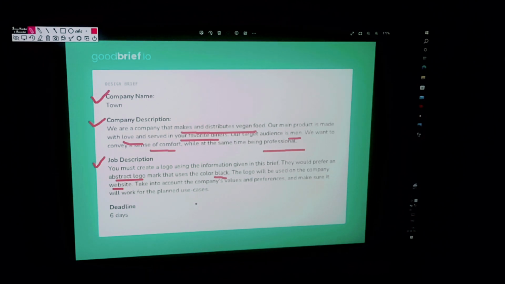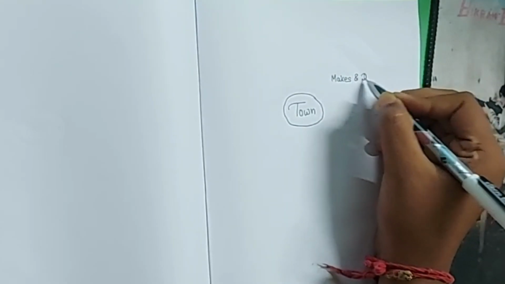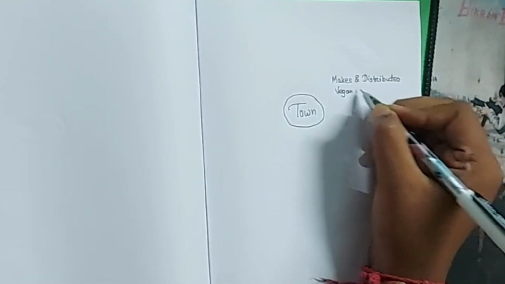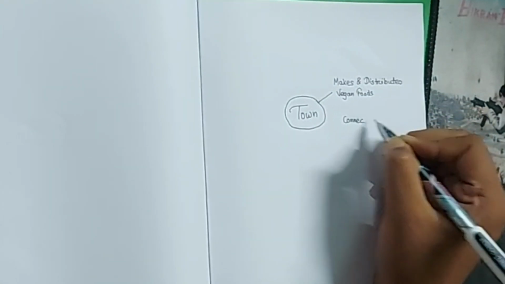So let's get started. Mind map. The logo name is Town. It makes and distributes vegan foods. So we're collecting important points from the brief, and then we'll create a mood board of all points.